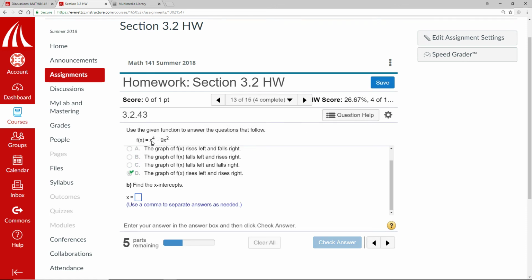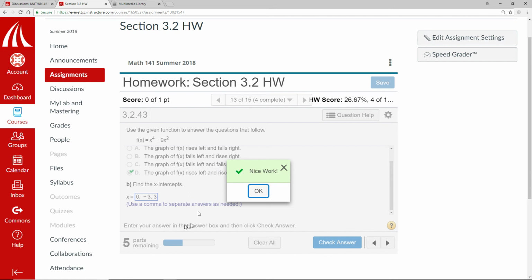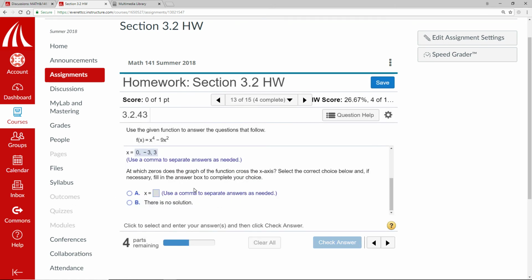Find the x-intercepts. So you can factor this guy. Pull out an x squared. And then we're going to have 0 and then -3 and then +3. 0 has multiplicity. At which zero does the graph cross the x-axis?